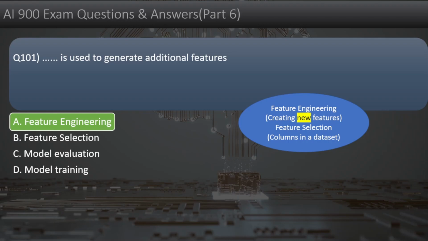It is creating new features. Feature engineering means creating new features, and feature selection means selecting columns in a dataset. So, feature engineering is used to generate additional features.